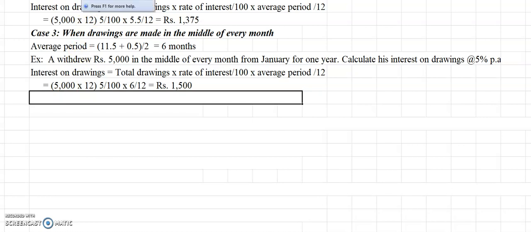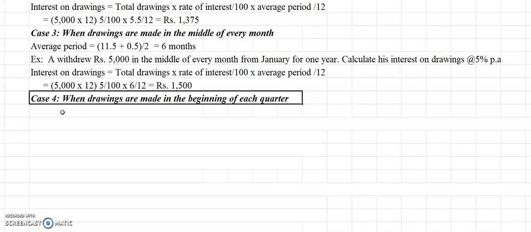Then the fourth case, what is it? Here, drawings are made in the beginning of each quarter. How many quarters are there in a year? 4 quarters. If the year is a calendar year, when is the beginning of the first quarter? Yes, 1st January.